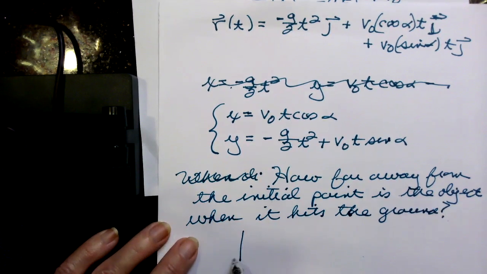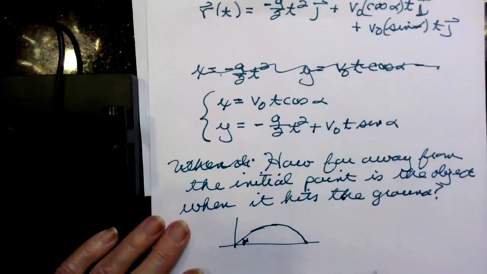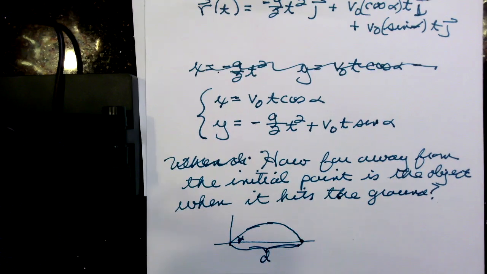You can't see my picture up there, but it goes up at some angle alpha. It goes up for a while, comes down and hits the ground. So what is this quantity d? What is this distance?